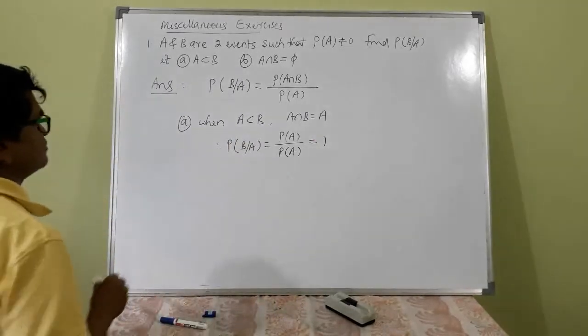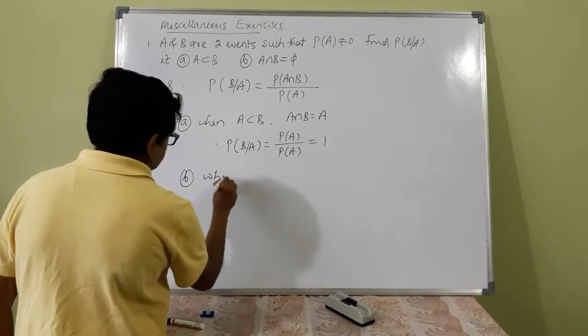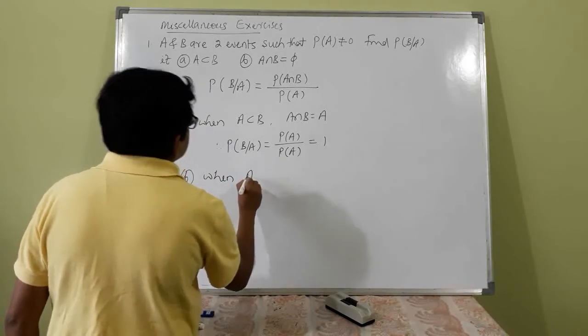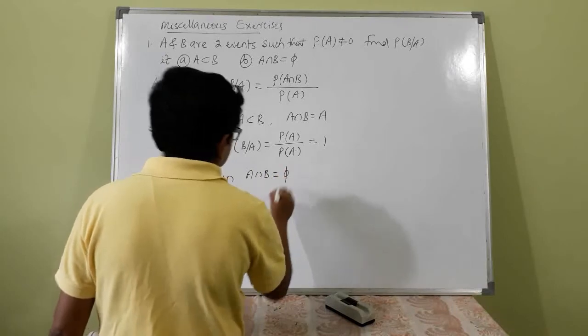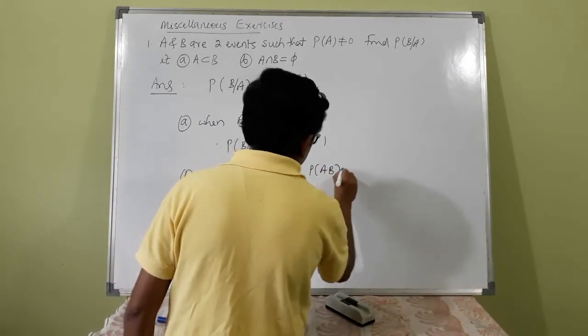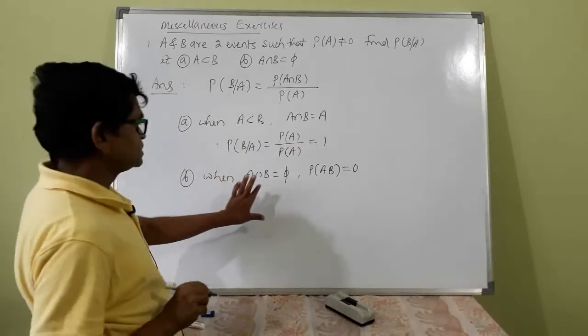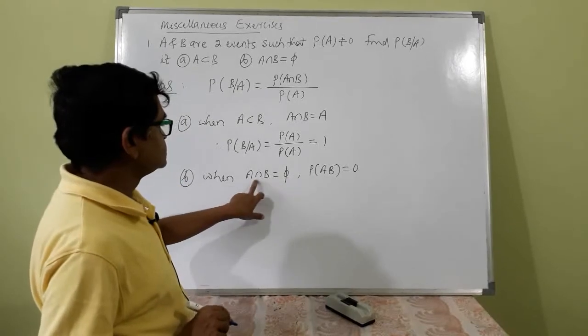A certain event. When A intersection B is a null set, it means probability of A intersection B is equal to 0. See, once again I repeat, know the difference between these two.